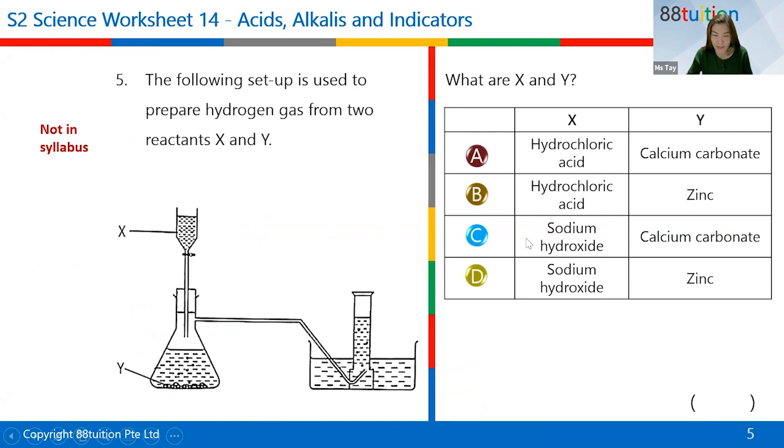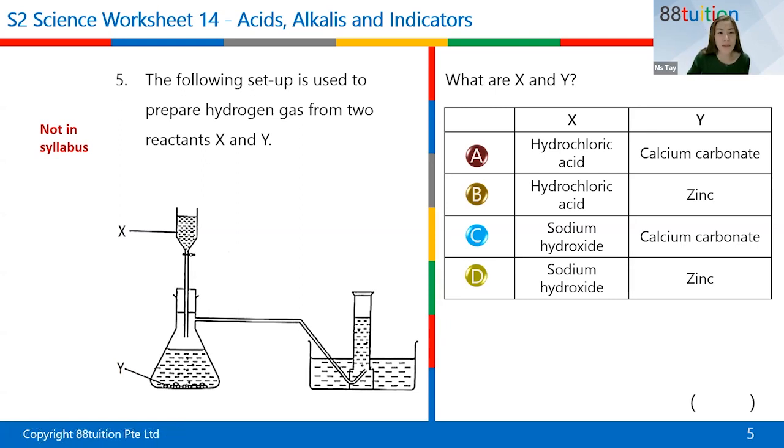Question 5, if you can't do it, 4 of you got it wrong. Out of 5 persons who did it, 4 of you got it wrong. And why is that so? Because this is not supposed to be in the syllabus. You only learn about the preparation with this kind of setup in your book in Sec 3 or Sec 4.